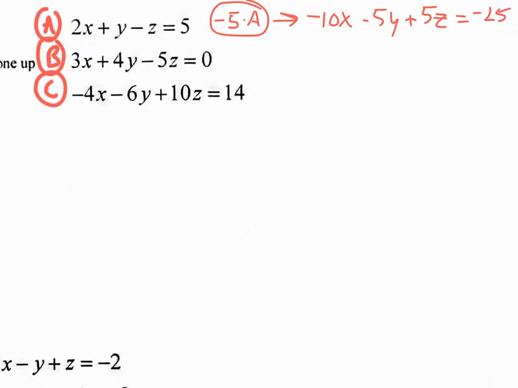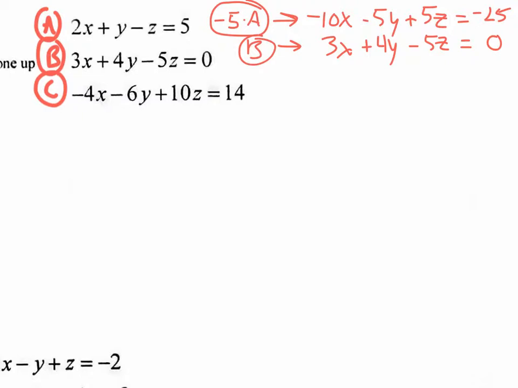Everybody with me? Okay, now we said we're going to use B also, and for B we're just going to rewrite it. That's 3x, positive 4y, negative 5z, and it's equal to 0.